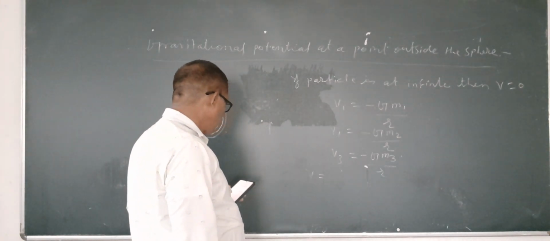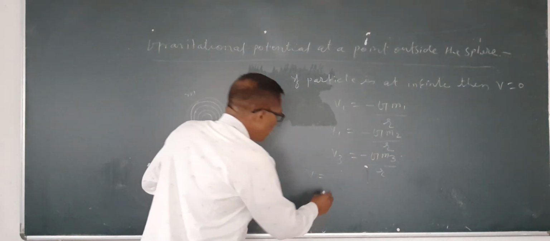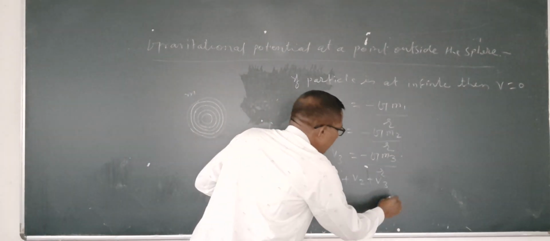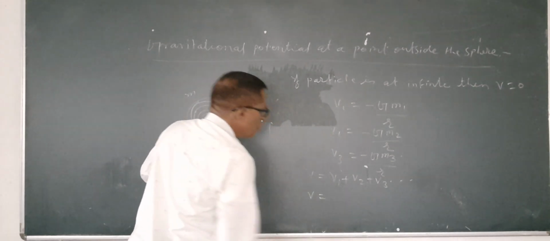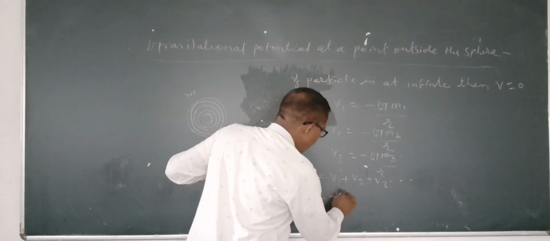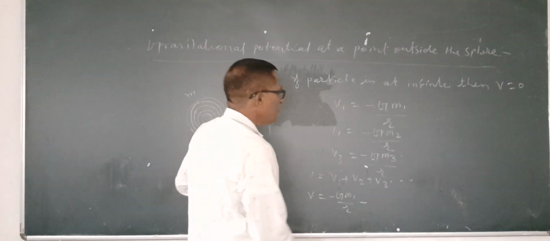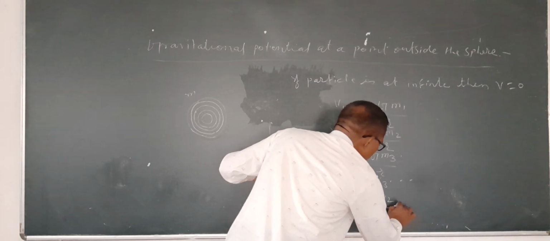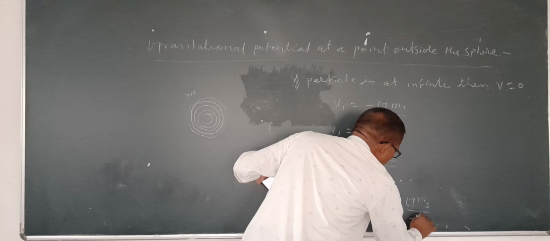That is, the total potential at P due to all these cells is given by V equals V1 plus V2 plus V3 and so on. This can be written as V equals minus G M1 upon R minus G M2 upon R minus G M3 upon R.